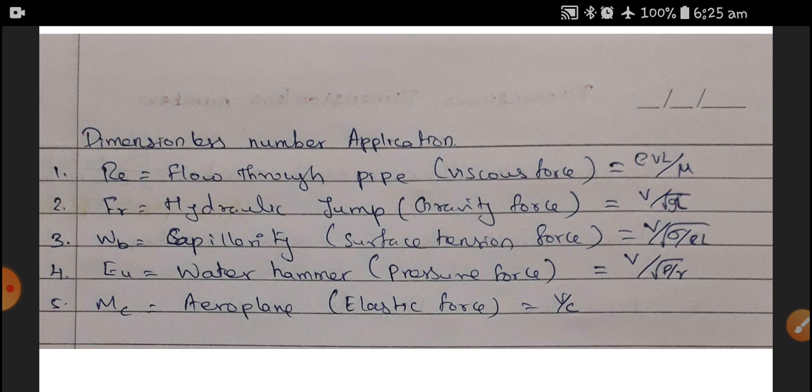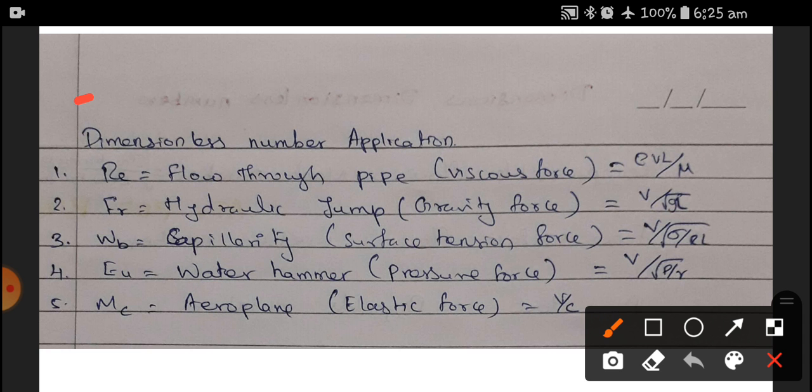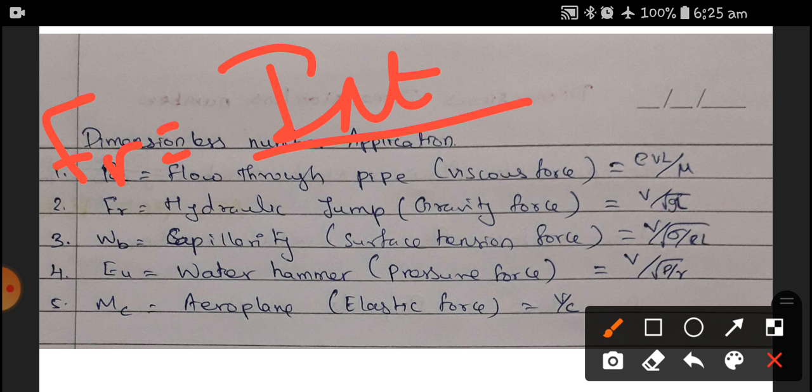Next one is the Froude number. The Froude number is the ratio of inertia force to gravity force. This Froude number is used in hydraulic jumps and open channel flow.